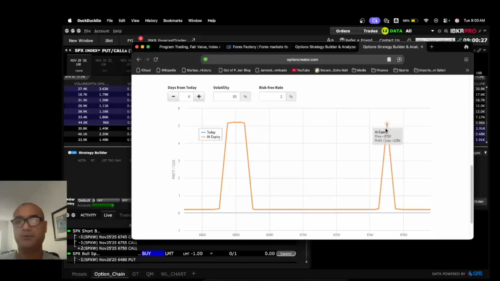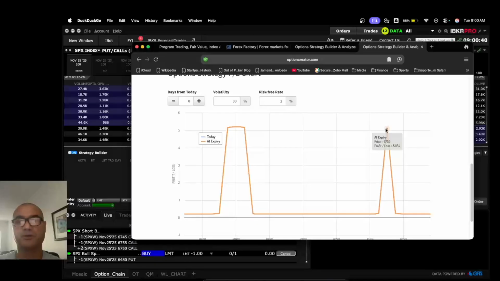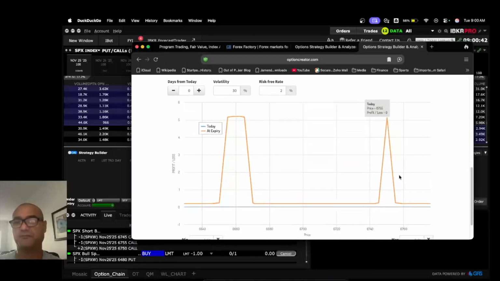I'd be okay with that. I don't know if I'm going to carry this to expiration. It really depends on what the market's doing. So it's going to be a function of where the terminal price is going to appear to be. But that's a few hours away.